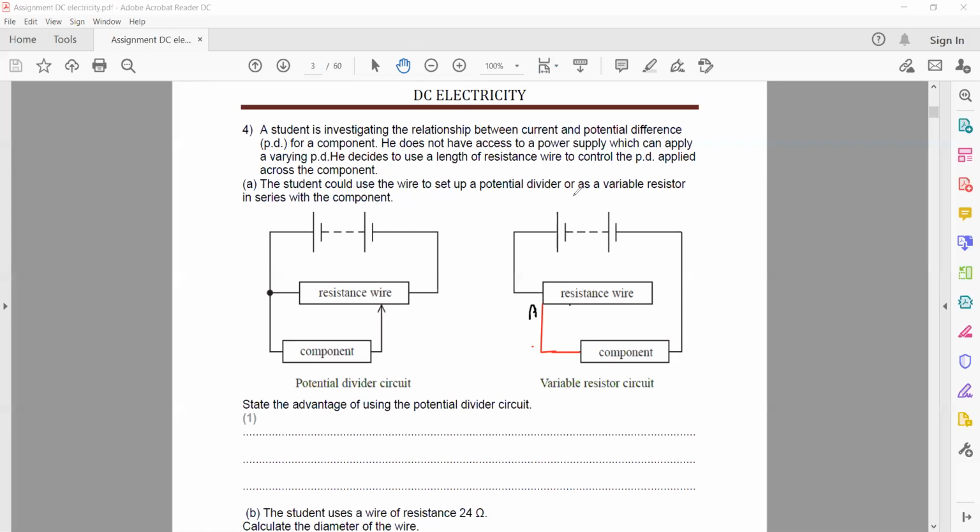If this is a 10-volt supply, the charges will flow out and move through the component, so the component will have all the 10 volts because they are not passing through the resistance wire.